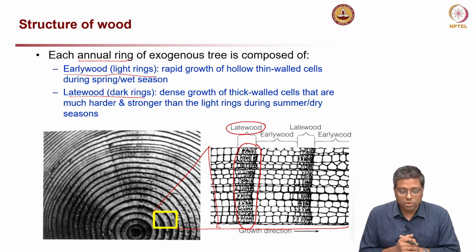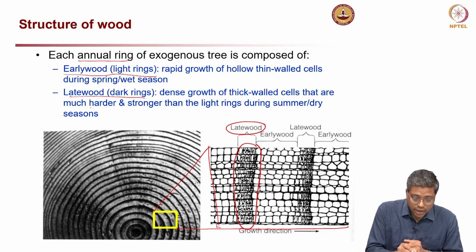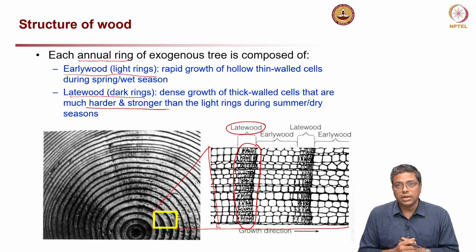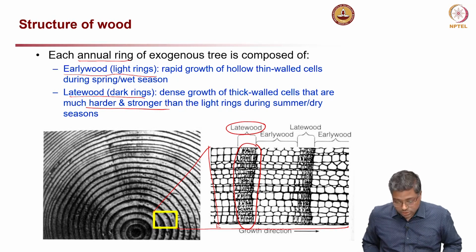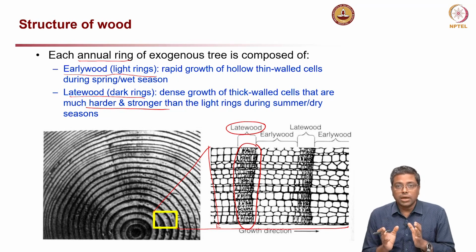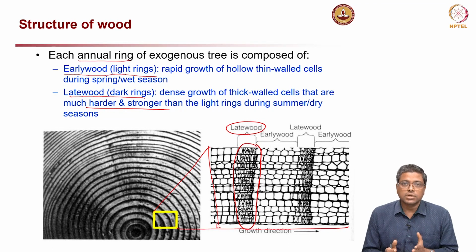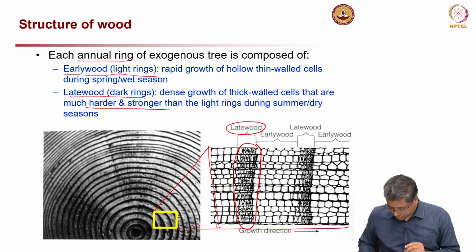The cavities are also smaller, and hence, because they are thick walled, they are much harder and stronger than the light rings. So, this is the main thing to learn about these different rings and regions of the ring, late wood and early wood: which one is stronger, which one is weaker in comparison, and which is formed in which time of the year.